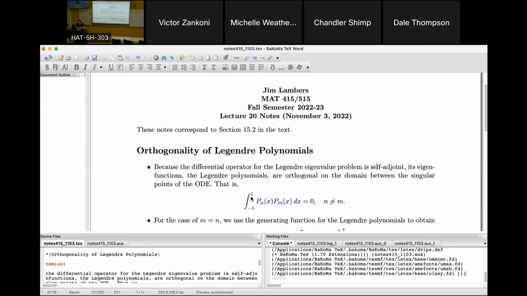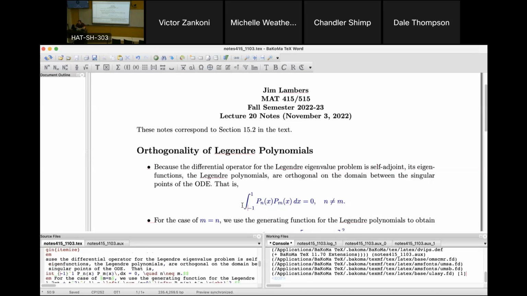So we cannot count on solutions being defined outside of the interval -1 to 1 because of that singularity. So that gives us our domain. We can certainly ensure a unique solution for each eigenvalue on -1 to 1. That's the Legendre polynomial. Okay, so in so many words, way too many words, they're orthogonal. And this is the inner product.